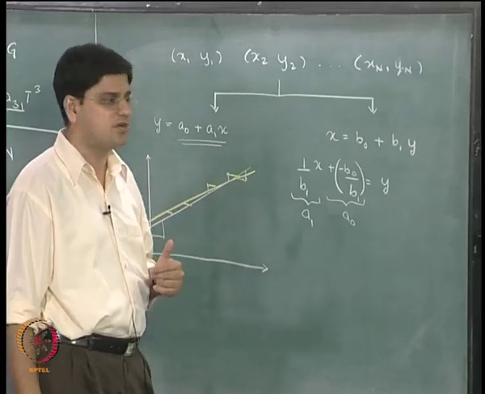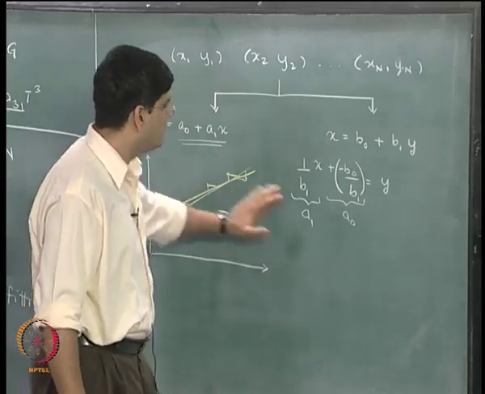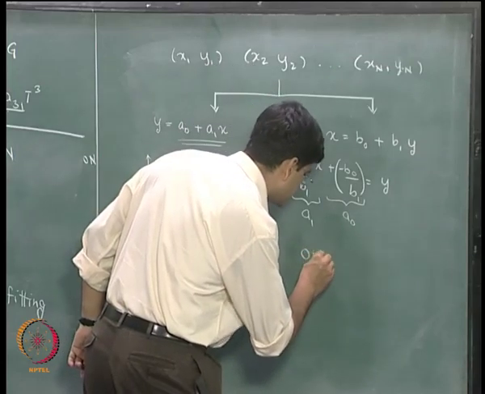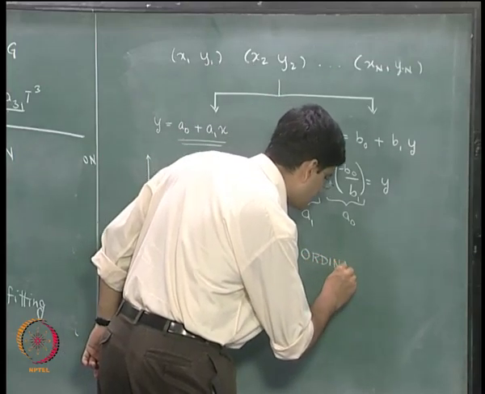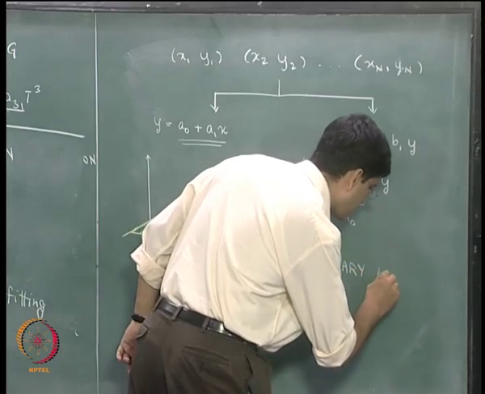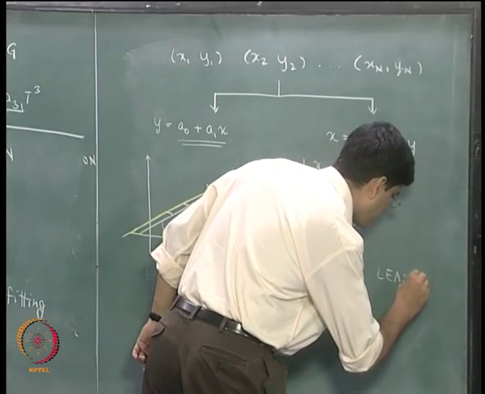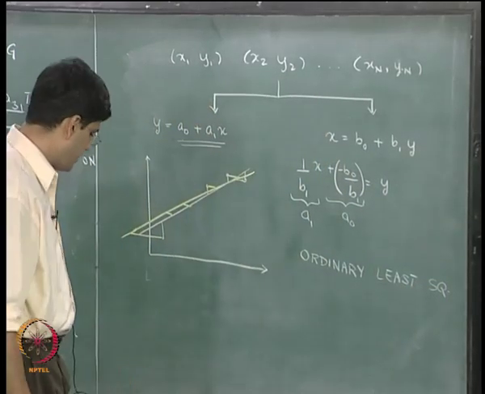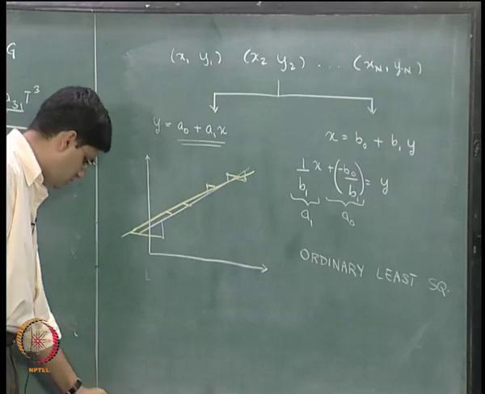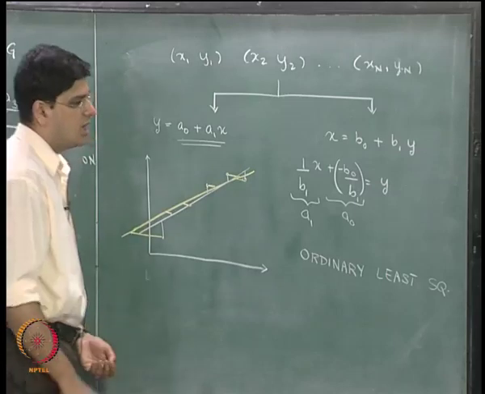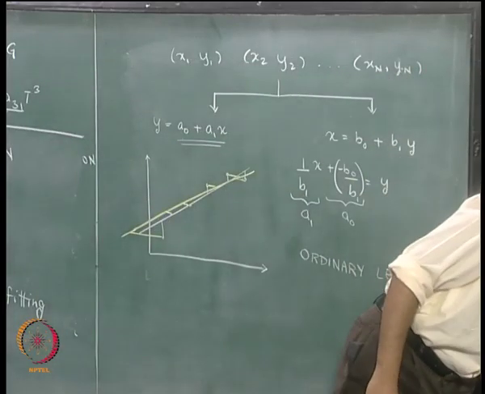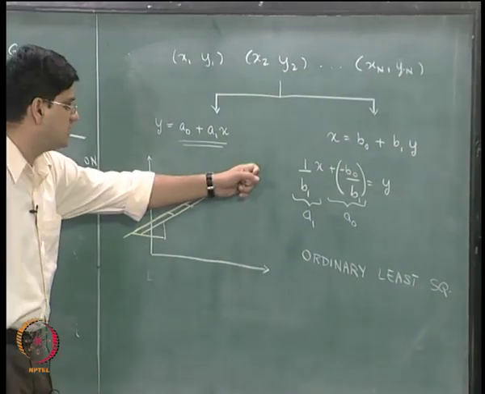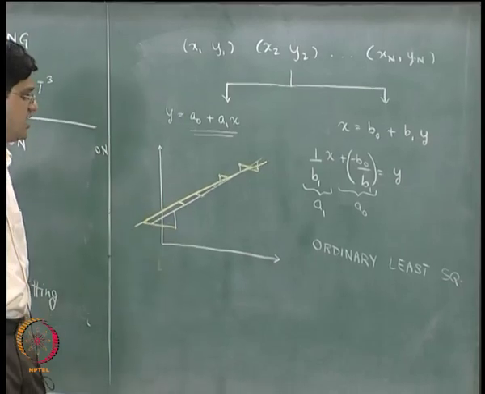2-minute summary of that is what we have covered so far is what is known as ordinary least squares. In ordinary least squares, what we are doing is minimizing the vertical or horizontal error between the best fit line and the data points.